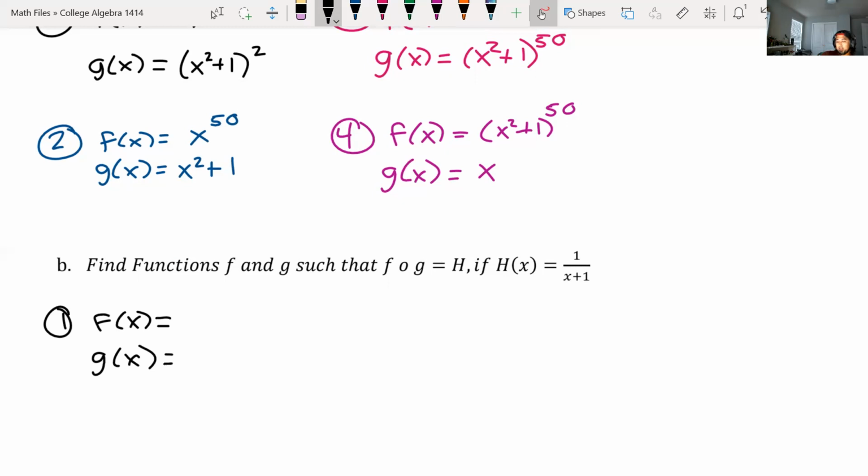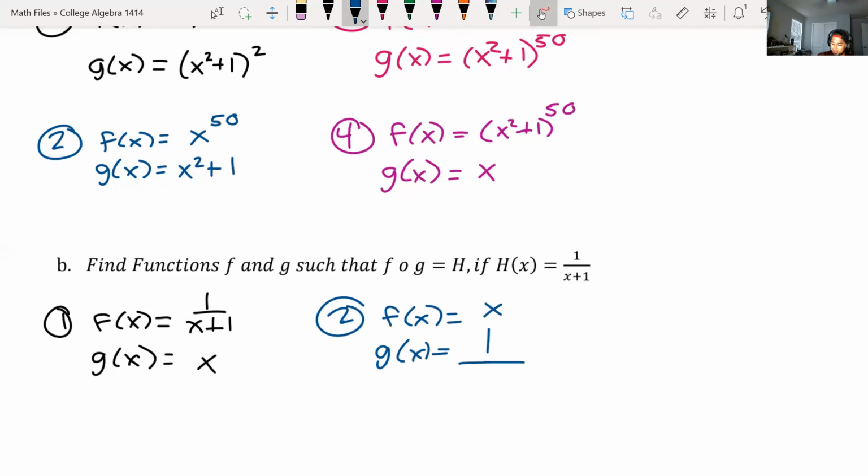So f of x equals 1 over x plus 1 and g of x equals x. That's as simple as it could get. What's my second answer then? f of x equals x and g of x equals 1 over x plus 1. Yep. All right.